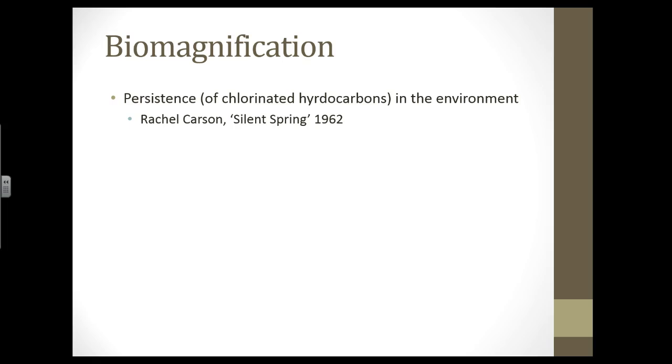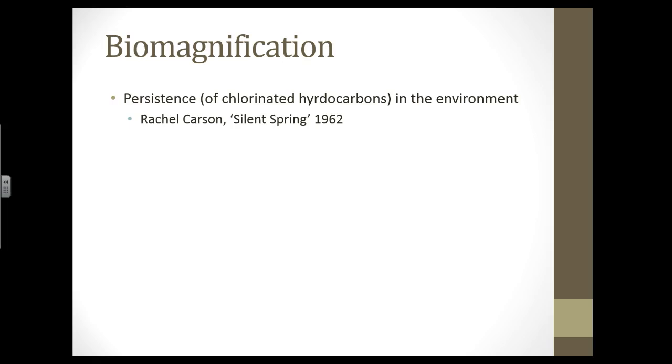It's because of that affinity to fatty tissues, whether that's a human being, fish in the ocean, or really any creature. Once some of that is ingested, it remains in the fatty tissue. Say an organism contains some DDT because it's fed on something that has it.